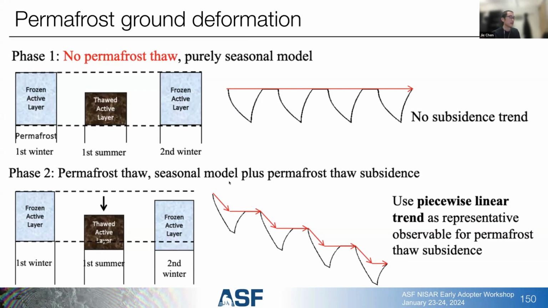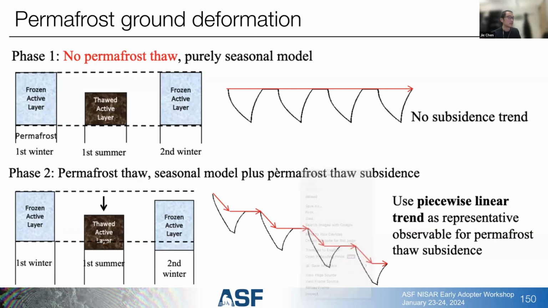But with some disturbance, such as wildfire or climatic extremes, more energy flux penetrates into the permafrost and the permafrost will thaw, causing an irreversible deformation trend, which mostly happens in the thaw season.